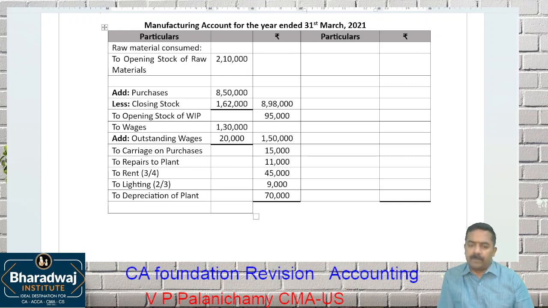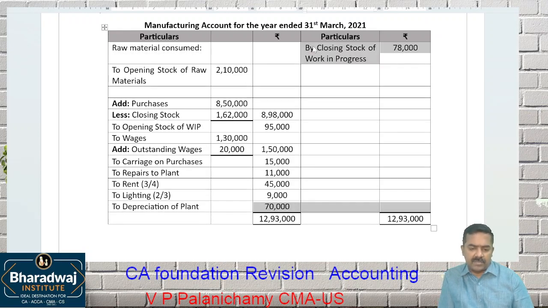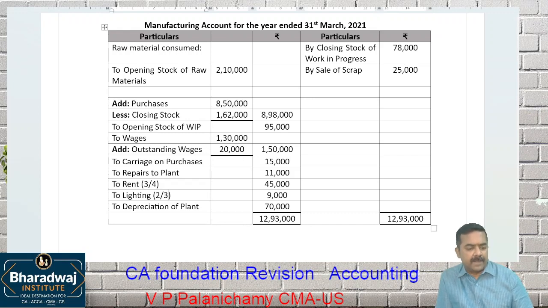Then what else will come? Yeah, sale of scrap and closing WIP will come. Sale of scrap and closing WIP will come. Lighting 2/3 for the factory. Yeah. Rent 3/4 for the factory. That remaining 1/4 will come in P&L.